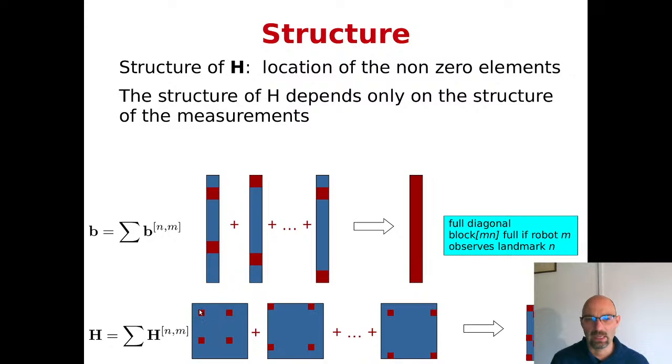In particular, you will have a block in the position corresponding to robot-robot, a block in the position that corresponds to robot-landmark, and a block in the position that corresponds to landmark-landmark, and a block in the position that corresponds to landmark-robot.